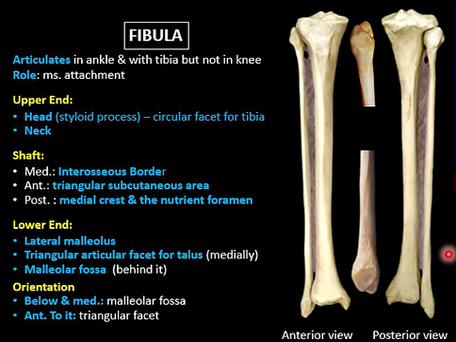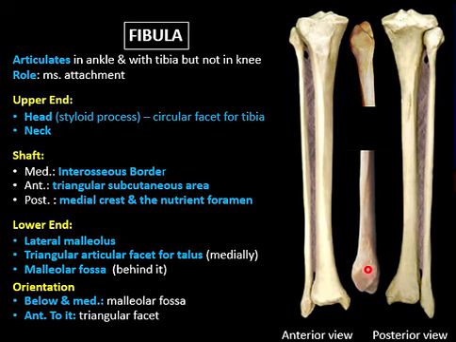So to orient the fibula, typically we look at the lower end. Below, we have a triangular facet, not a circular facet, and the malleolar fossa is medial to it. So we can tell what is inferior, what is anterior, and what is posterior.